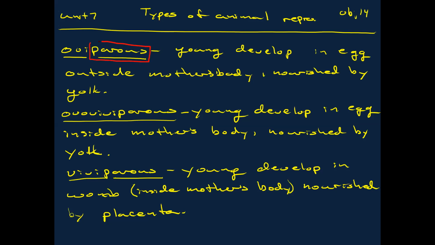So the root parous means to give birth. Especially if you have a parent in the medical profession, you might know that a medical term for giving birth is parturition. Probably don't, but you might.